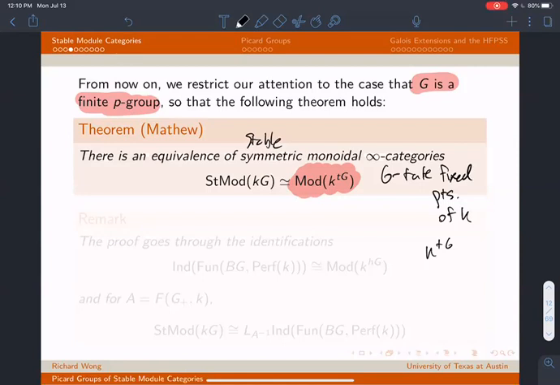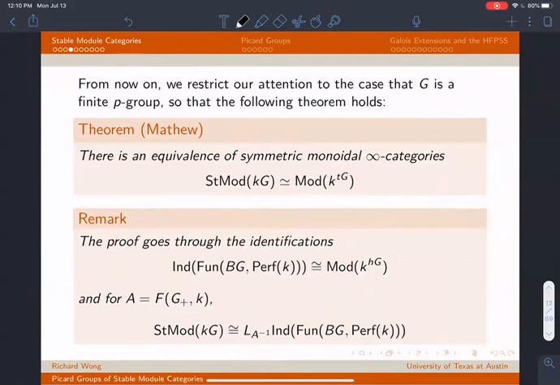To give you an idea of how this theorem is proved, you go through some identifications. So this is functors from BG to Perf k. This is the category of perfect, so compact, k-modules with a G action.